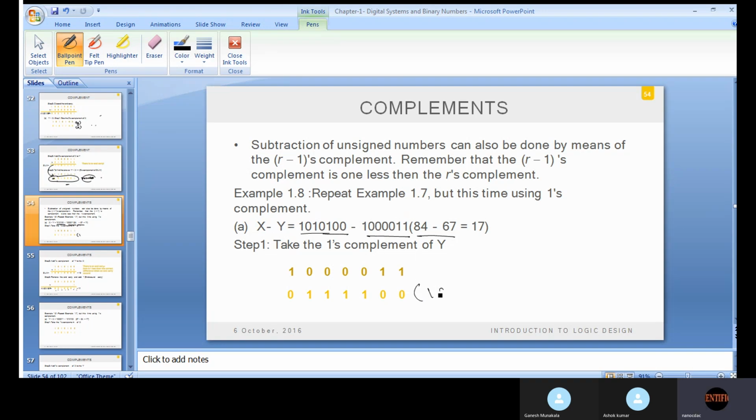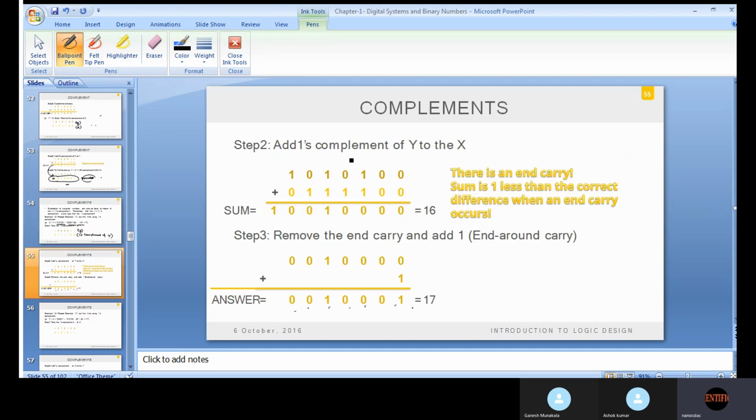Okay, this is 1's complement of y. Okay, so ఇది y అయితే y కి 1's complement మీరు తీసుకున్నారు, తీసుకున్న తర్వాత add 1's complement of y to the x. Okay, so this is x. What is this? 1's complement of y. Add చేస్తే sum what you are getting is 16.